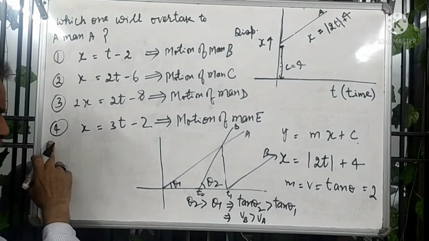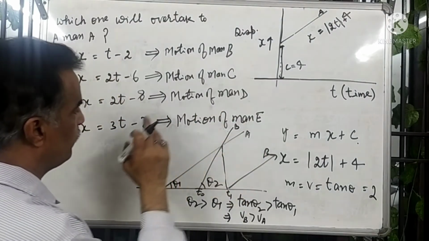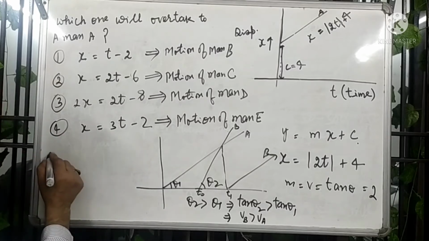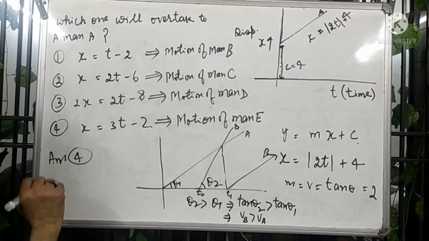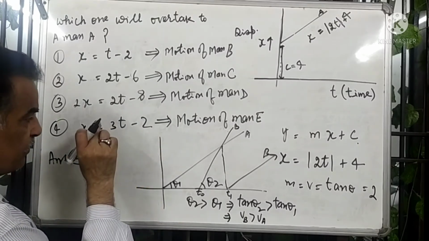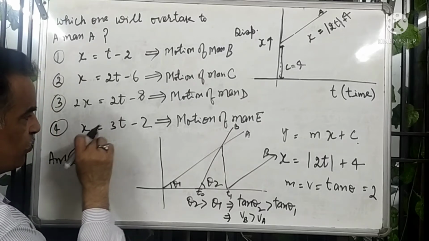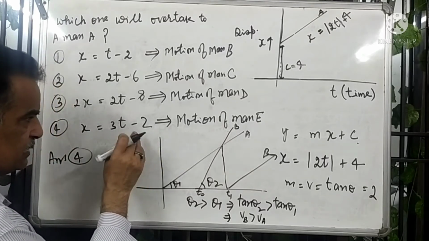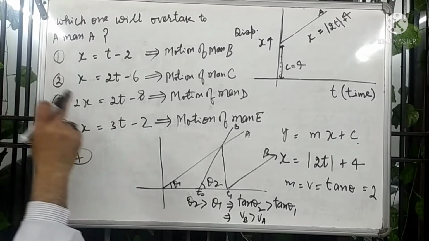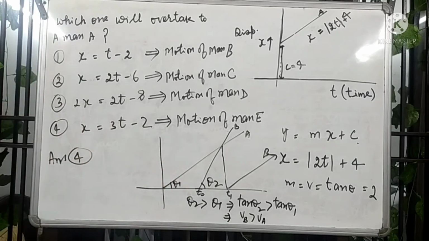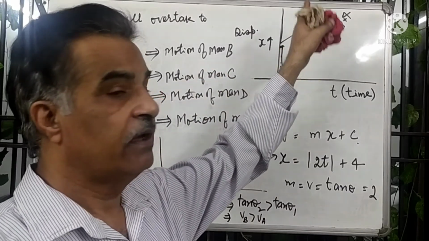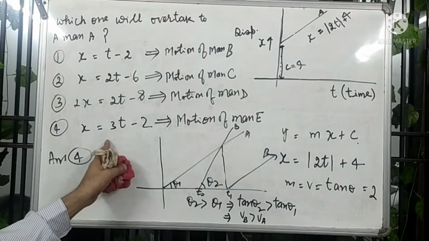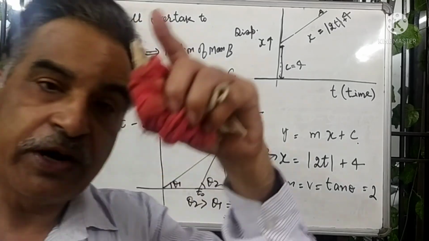And the fourth one, man E, will overtake, because the answer is 4. Man E will overtake because in this equation y = mx + c, c is minus 2 and m is 3, that is, the slope is 3, which implies the velocity is 3 units. This is more velocity than A, so man E will overtake.